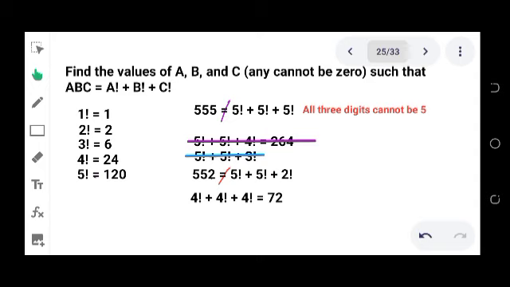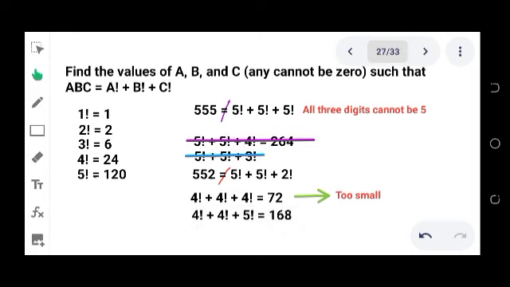And 72 is already the highest value. But remember that abc has to be three digits. Therefore, 72 is just too small. So we cannot use 72. That means we cannot use 4 factorials alone. That means at least one digit should be 5.